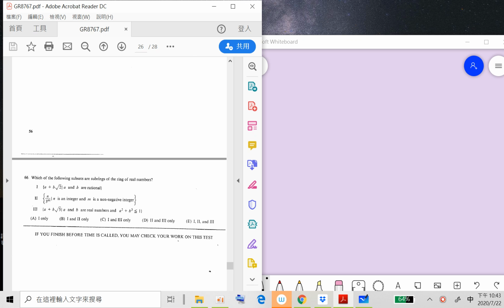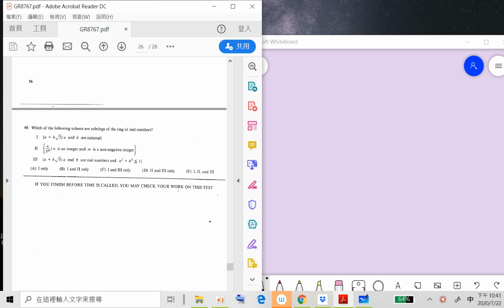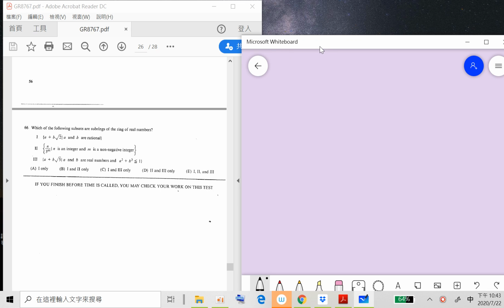So the last question, 66. Which of the following subsets are subrings of the ring of real numbers? So a subring needs to be closed.